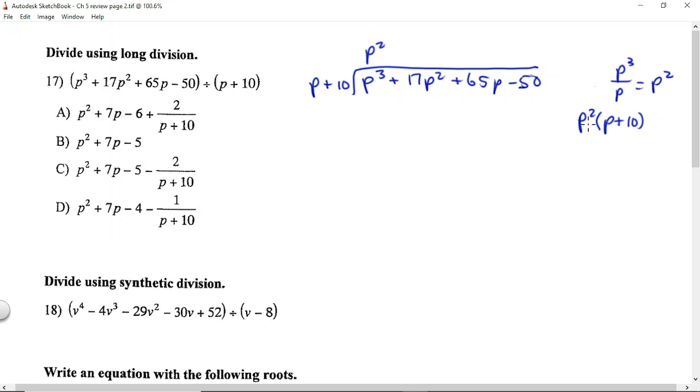So we distribute this. P squared times p is p cubed. P squared times 10 is 10p squared. So that goes here. And you can do that trick where instead of writing it down exactly like it is, you write down the opposite of each of those and then add.